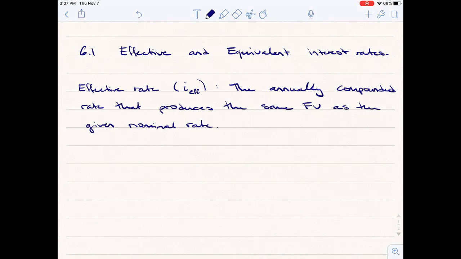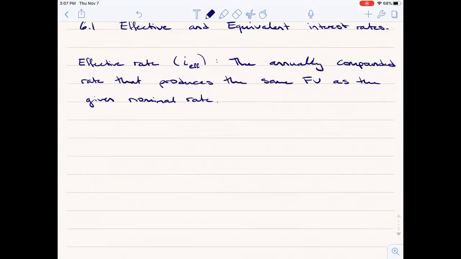And so if you've got the formula sheet, we know that the effective periodic interest rate is 1 plus I to the power of F, then minus 1. So this is on your formula sheet.